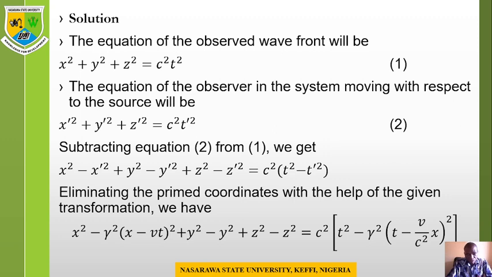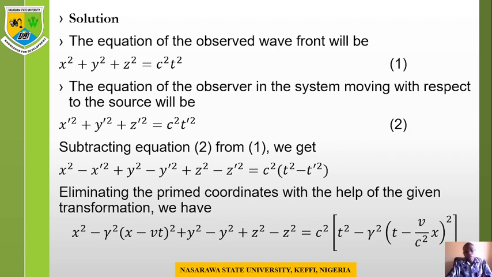The equation for the observer in the system moving with respect to the source: the first is for the stationary observer, while equation 2 is for the moving observer. We have x prime squared plus y prime squared plus z prime squared equals c squared t prime squared. c is a constant, the speed of light, so it cannot carry a prime.